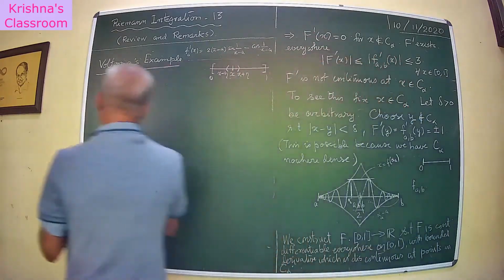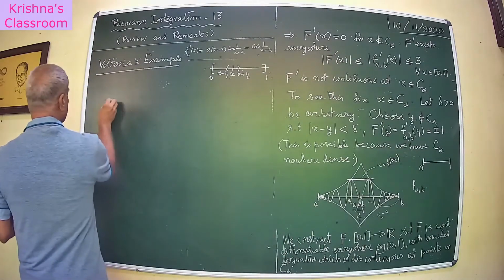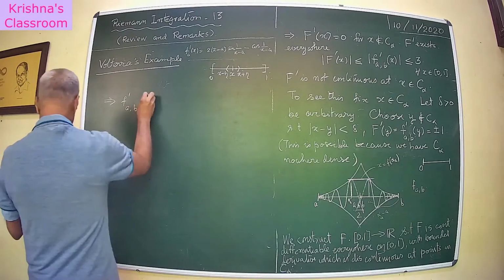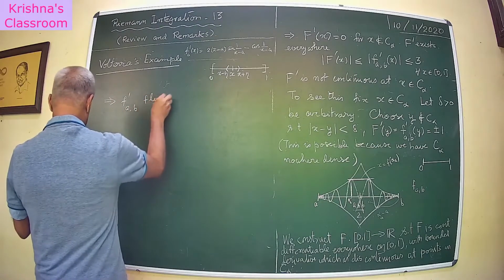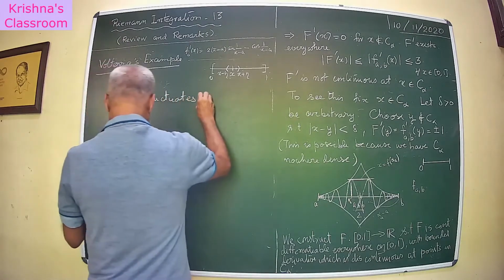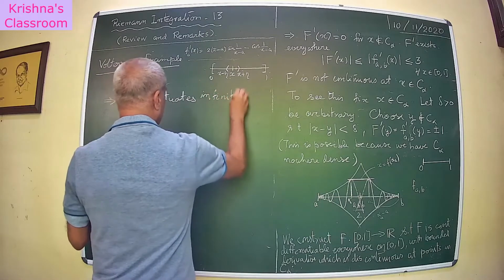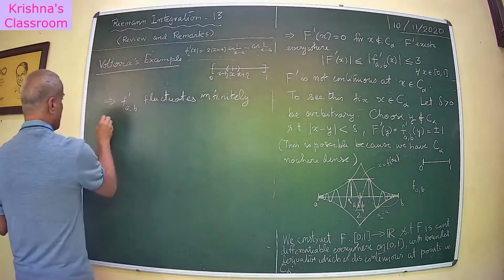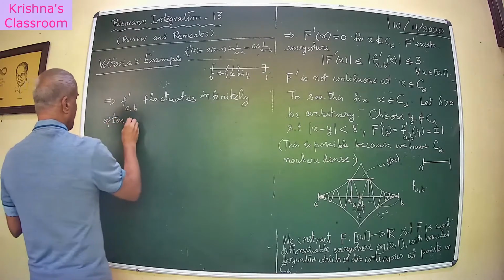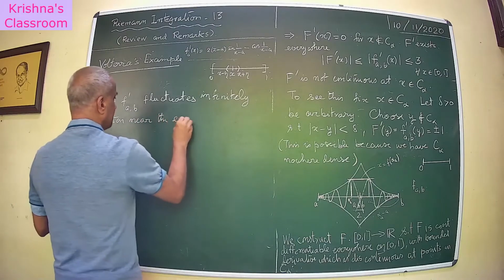Therefore, because it is nowhere dense, f derivative fluctuates infinitely often near n points.